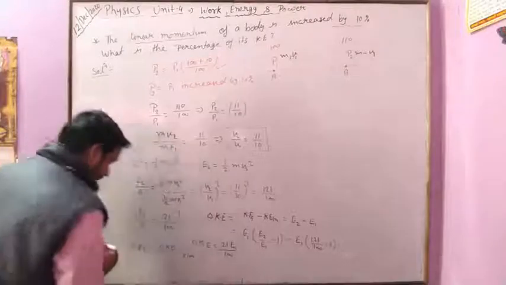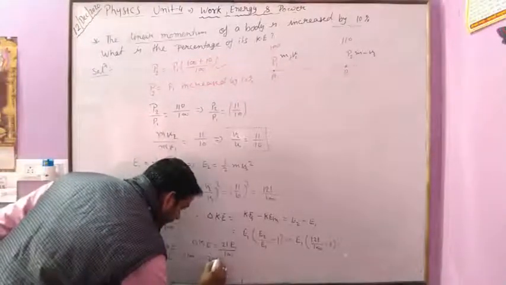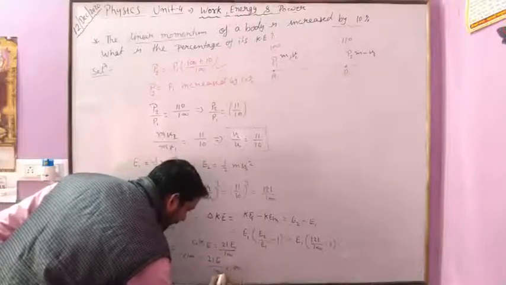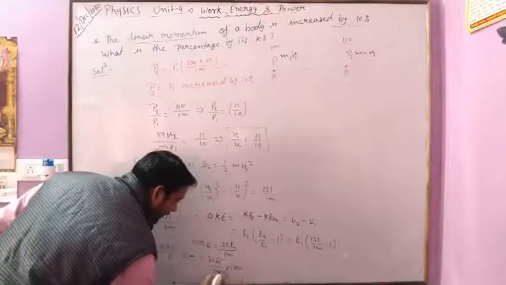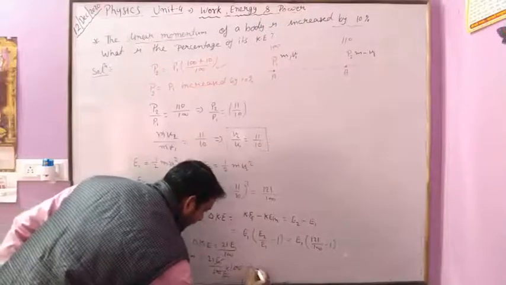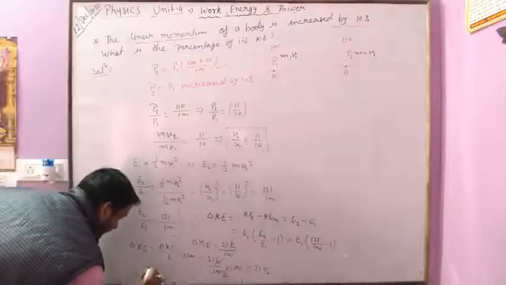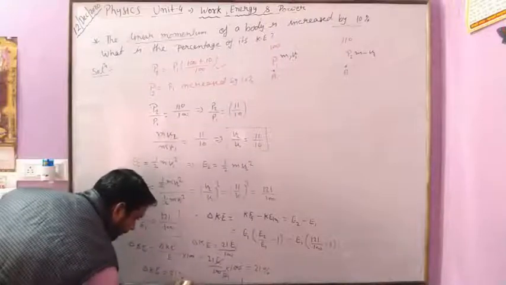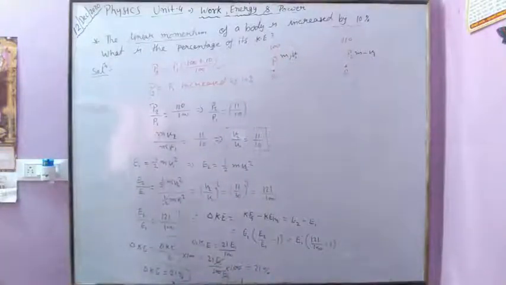From here you will find 21 E1 upon 100 into 100, divided by E1. This E1 is cancelled, 100 is also cancelled, then you will get 21%. Therefore, the change in kinetic energy is 21%, and this is an increase. So note down this, and thank you.